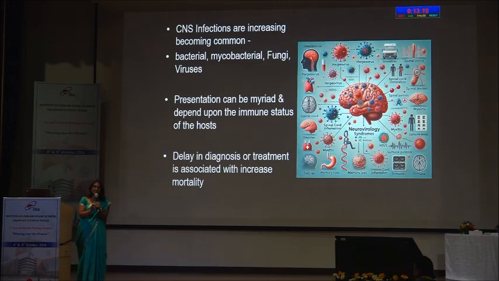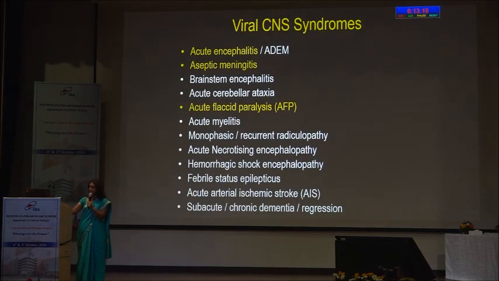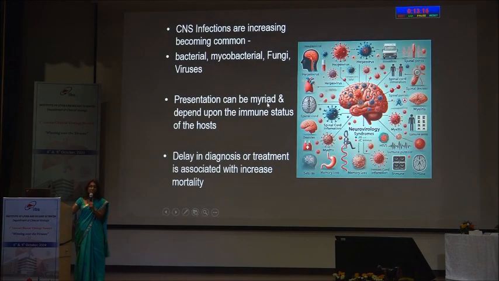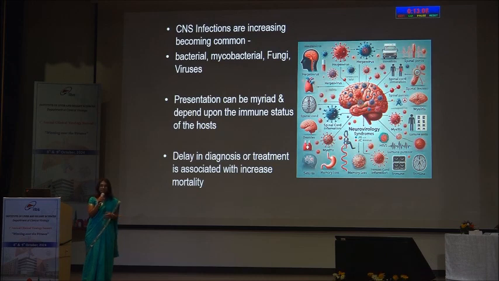The presentation also depends upon the immune status of the host. If there is a delay in the diagnosis, there can be significant mortality. We have seen it. So all attempts should be made for an early diagnosis of infection so that we can start an early appropriate therapy.